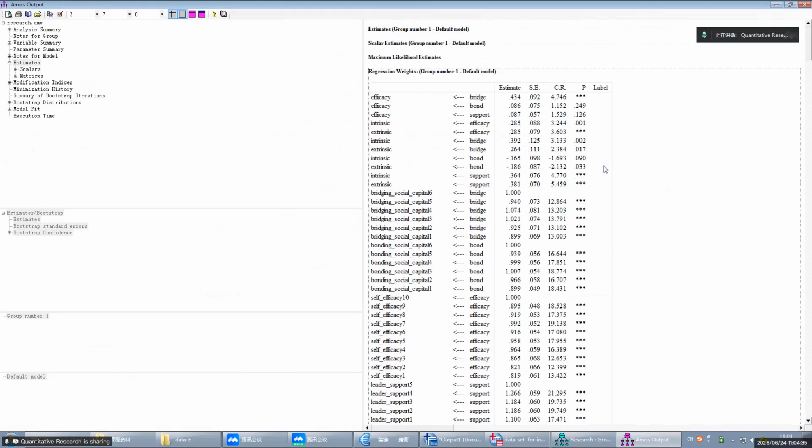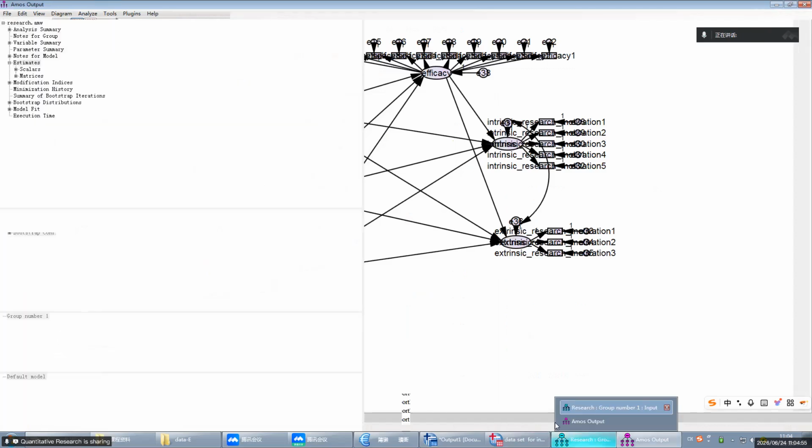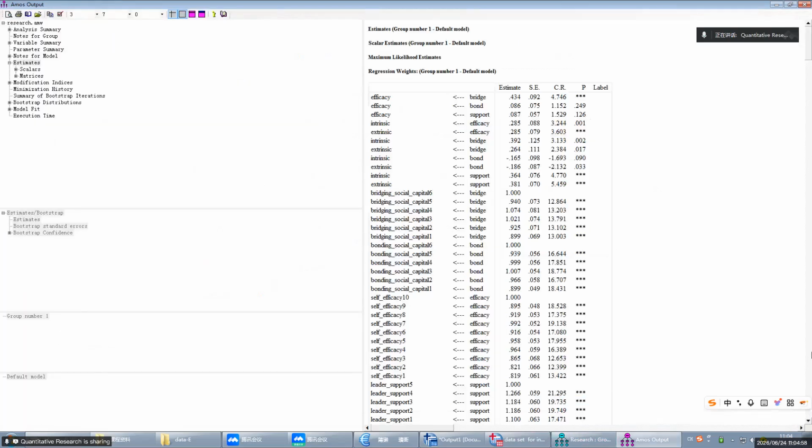Bridging to efficacy, bonding to efficacy, support to efficacy. This is the relationship between the predictors and the mediator, right? Next, you can see efficacy to intrinsic, efficacy to extrinsic.